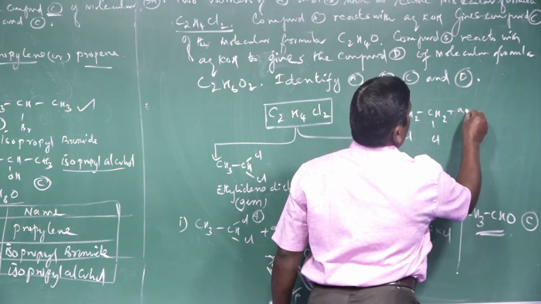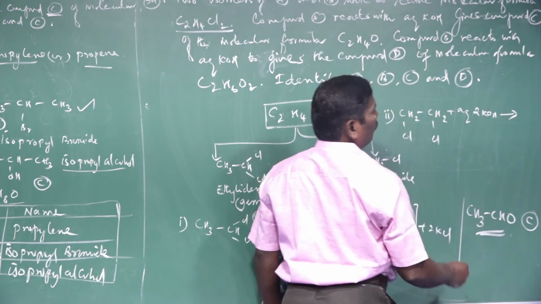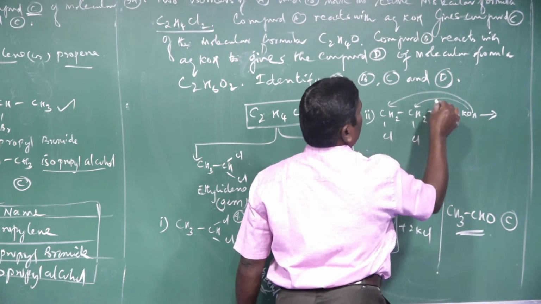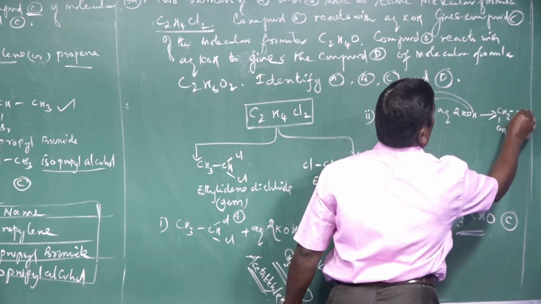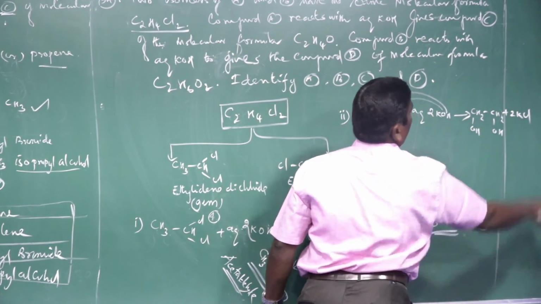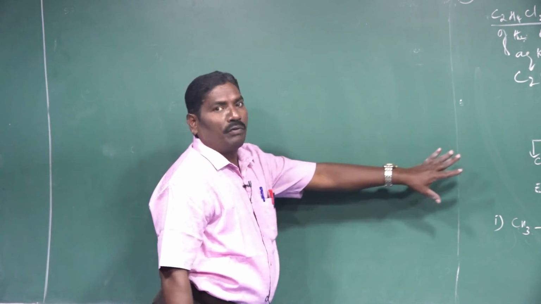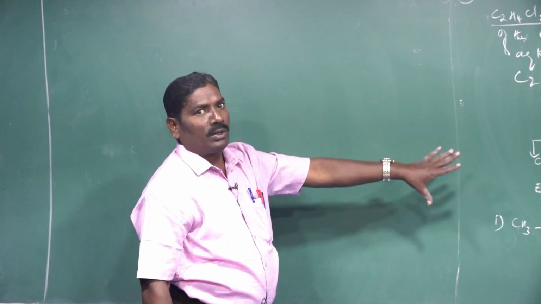Now it reacts with aqueous 2 KOH, which gives the product, the OH groups approach through nucleophilic substitution reaction. Now CH2OH CH2OH plus 2 KCl will be formed. Now it is called ethylene glycol. The 54th problem we have to list out the compounds.